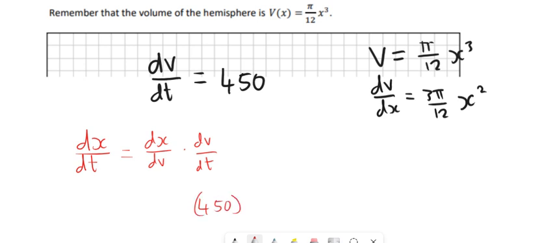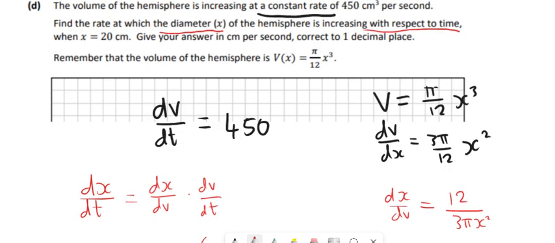Now dx/dV, I don't have that yet, but I have dV/dx, so you're allowed to just flip it over. If dV/dx is 3 pi over 12 x squared, then dx/dV would be 12 over 3 pi x squared. It's when x is 20 as well, so we can put a 20 in instead of x.